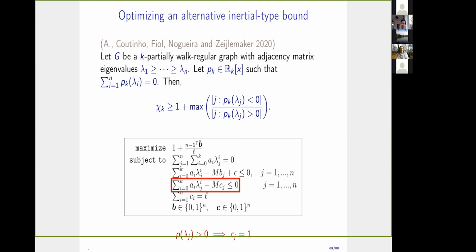Before we only had B's, and now we have C's as well, binary vectors. Before, B's were binary vectors of length D plus 1, the number of distinct eigenvalues. Now we have binary vectors which consider each single eigenvalue because we need to control how many of them evaluated give 0. Okay?